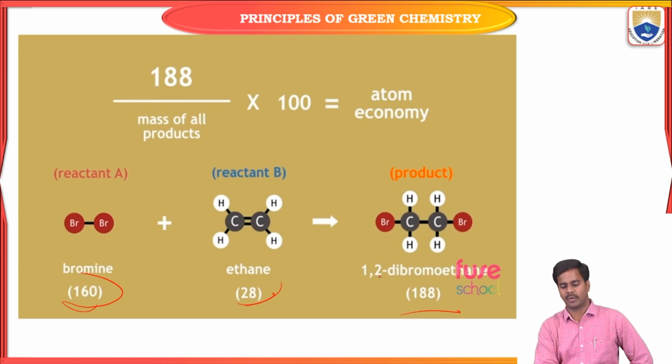Only one product is formed in the reaction, that is 1,2-dibromoethane. So that's why we can say it is the most useful, feasible and most economic reaction. If you take any reaction with fewer byproducts, that should be the most economic and most useful. So the atom economy of this reaction is 100%.